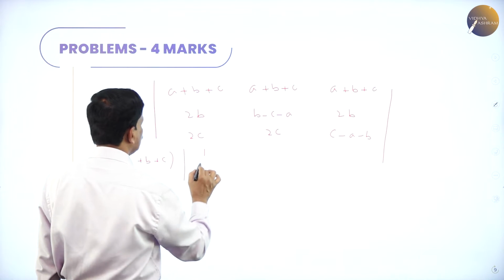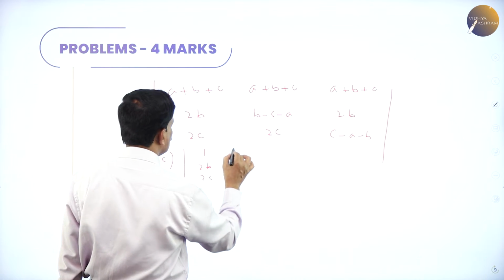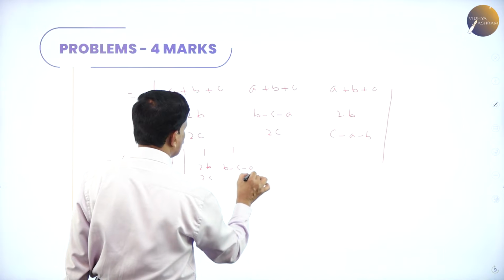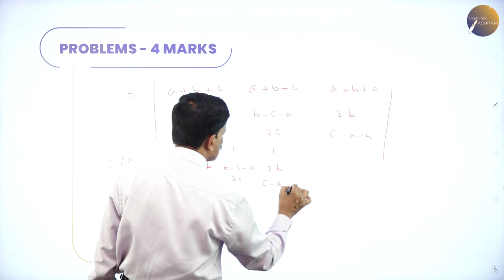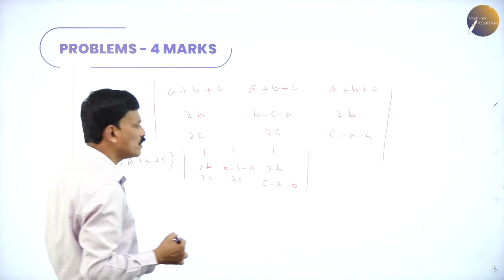What you will get: 1, 2B, 2C, 1, B minus C minus A, 2C, 1, 2B and C minus A minus B.